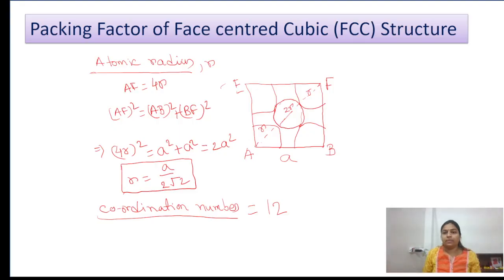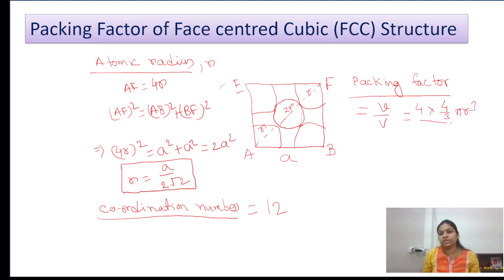The packing factor is equal to small v divided by capital V. Here small v is 4 into 4 by 3 pi r cube, because 4 is the number of atoms per unit cell, and capital V is the volume of the unit cell, which is a cube.